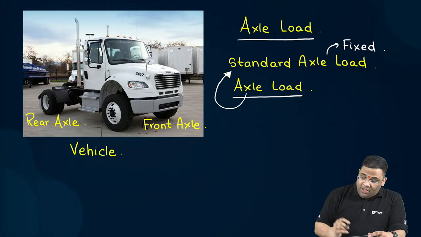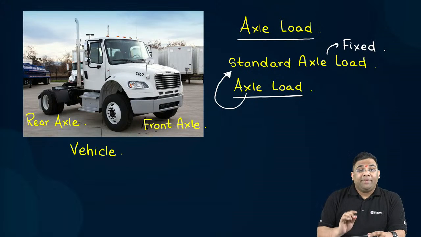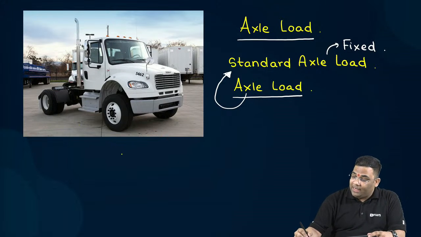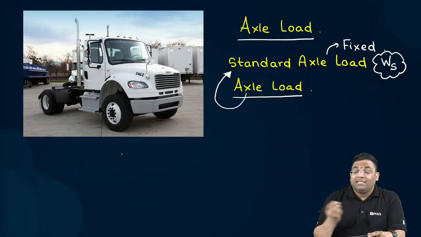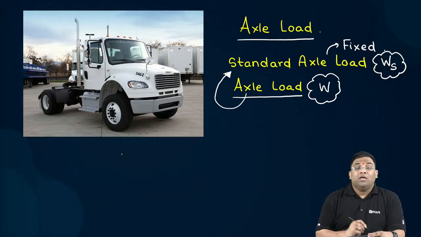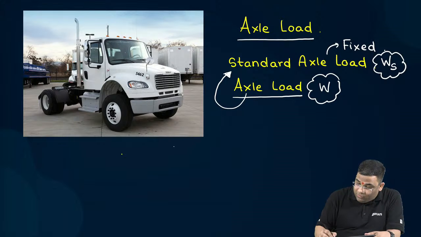Now, the standard axle load depends on the types of axle. Suppose I am giving the name Ws to the standard axle load, and to this axle load, suppose I give the name W. So the standard axle load Ws will depend on the type of axle.